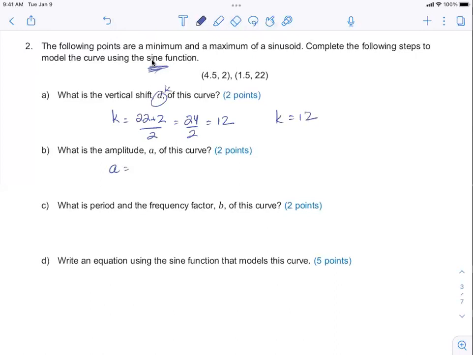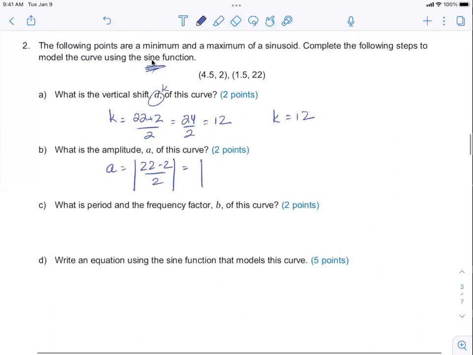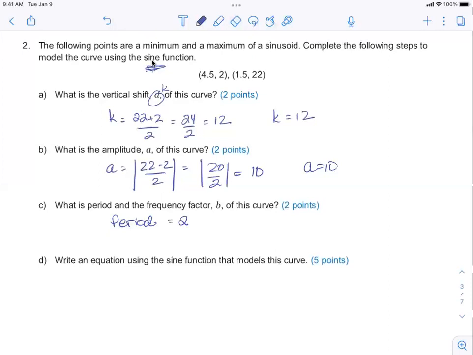This time we subtract that max and the min, and you want the absolute value of it divided by 2. So 20 over 2 is equal to 10. Your amplitude is 10. What is the period and frequency factor? So the period, we take the x values of that max and min again, times 2, is going to be 4.5 minus 1.5.